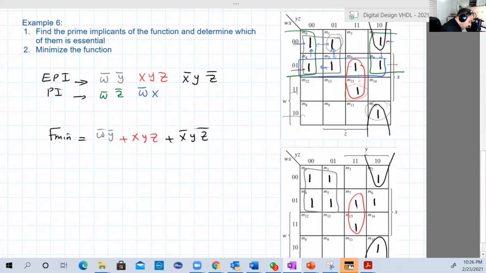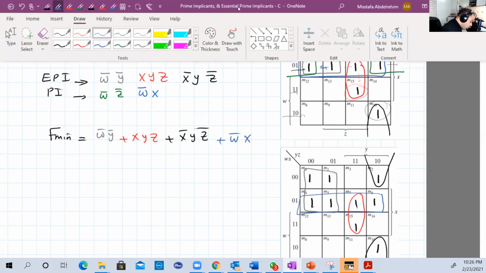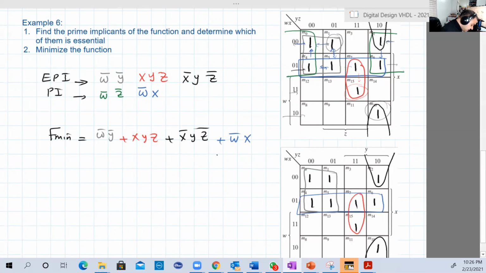I will highlight the blue, for example. So we can add W bar X, but again, you can do it with the green, and in that case it will be W bar Z bar. So the minimum has 2 solutions, not just one.